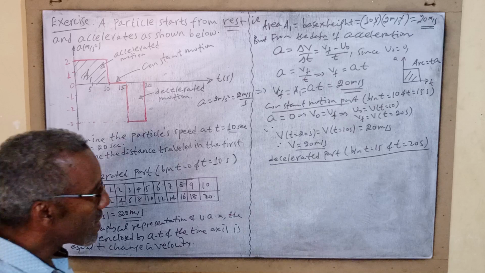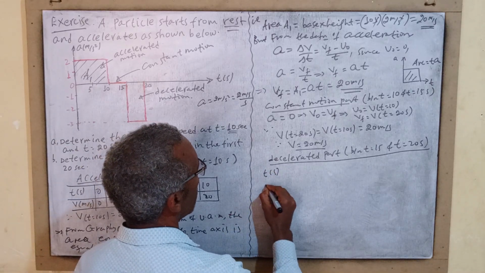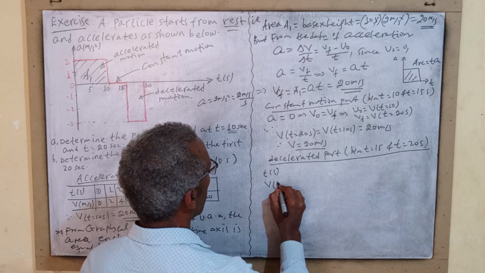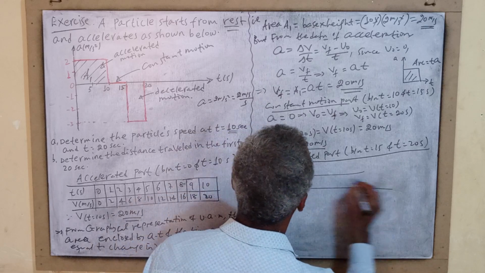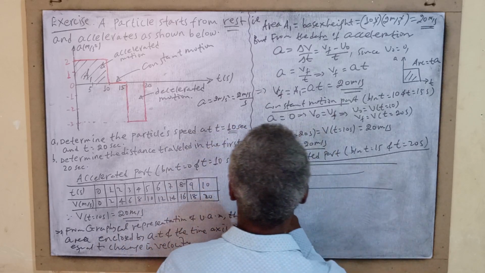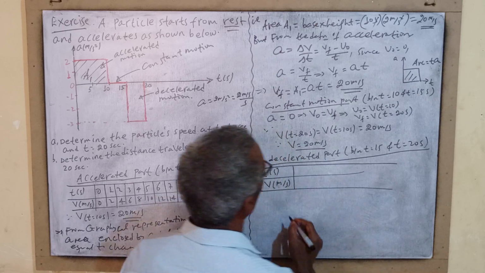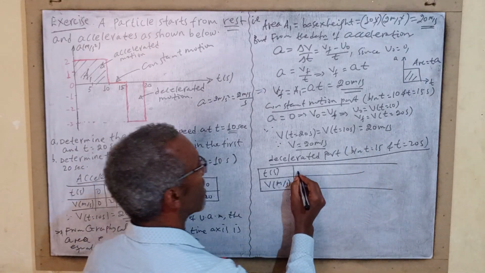Therefore, this is our time axis and this is the velocity axis in meters per second. Our initial time is 15 seconds.